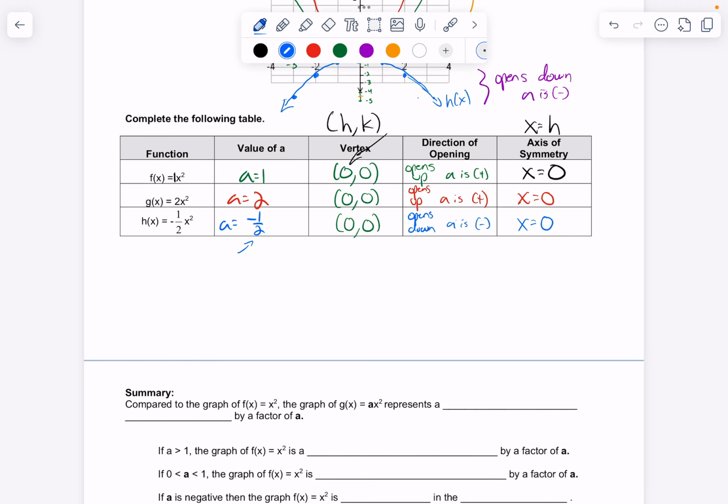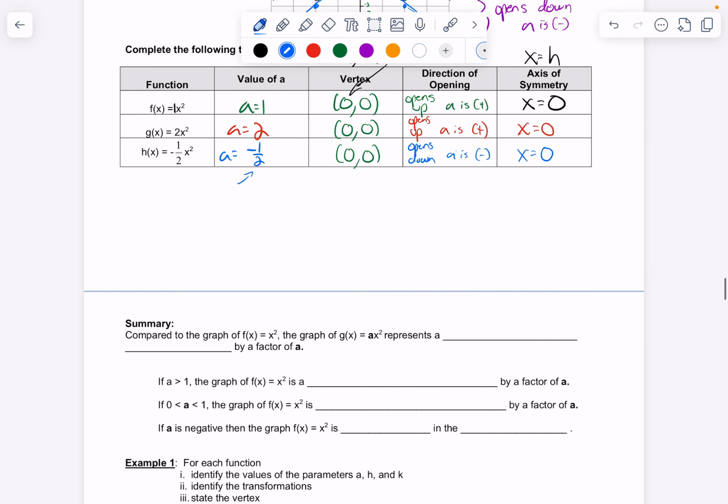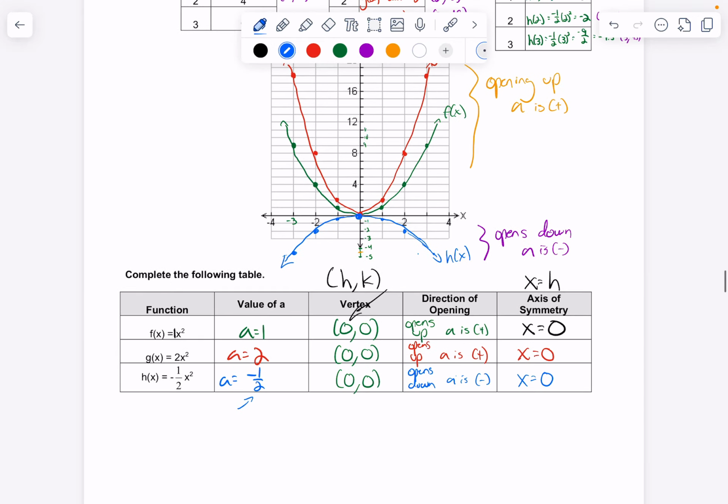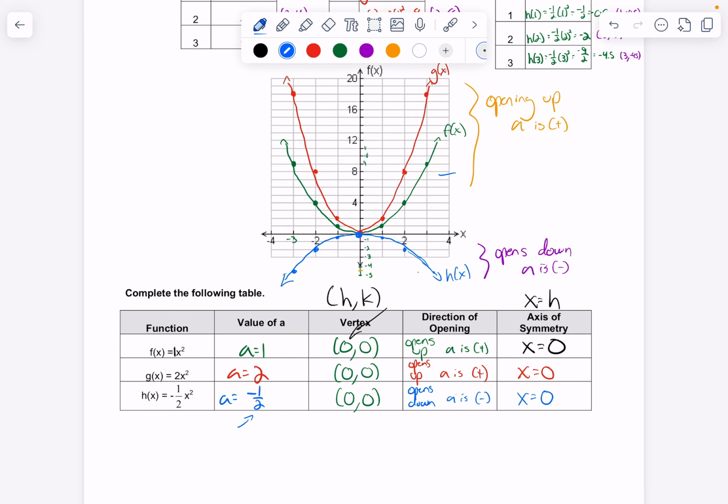All right, we're going to fill in this half right here. We're going to talk about it on this chart below. But I just want you to visually see what's actually happening again. If you can imagine this green parabola being stretched or compressed, look how the blue one looks like the green one was kind of sat on.